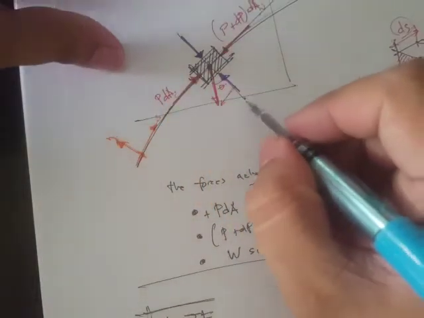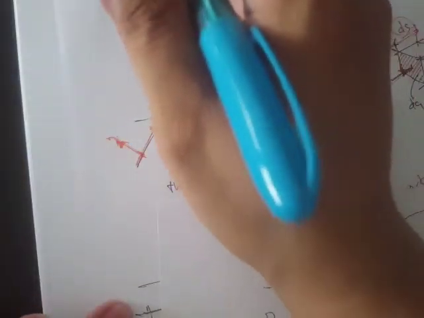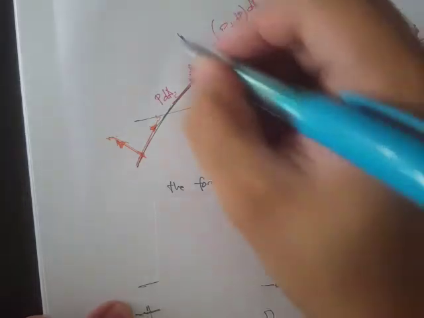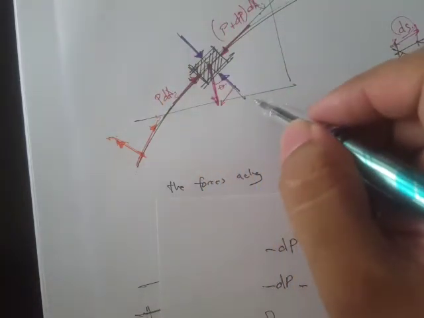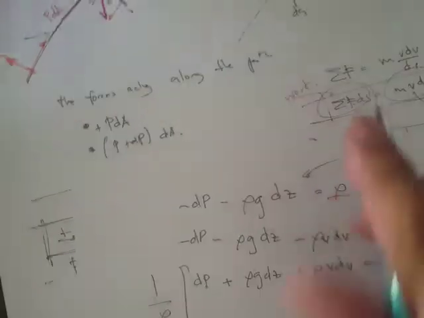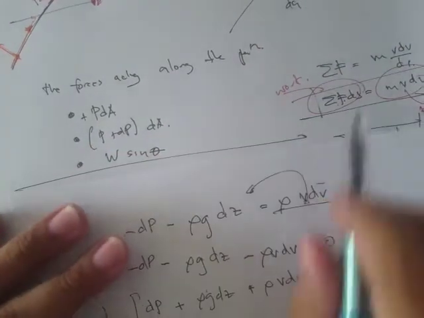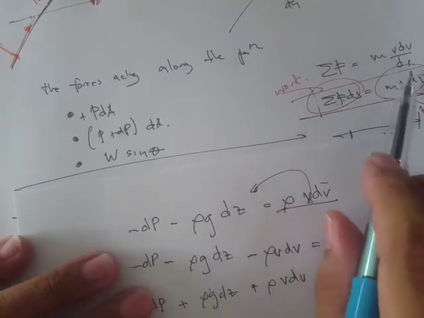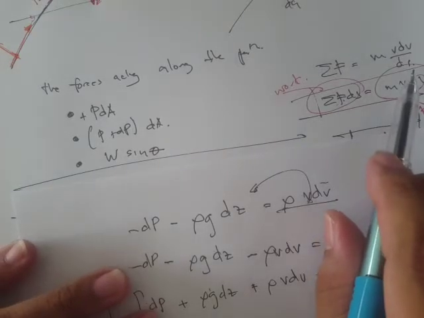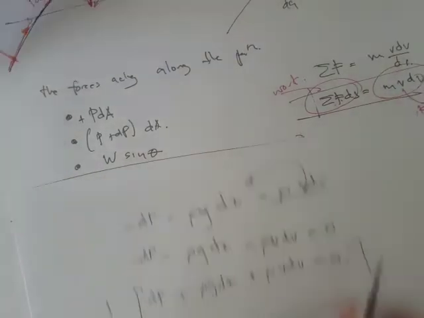And don't forget that we can also derive another expression, if we want to. We'll just have to apply the summation of forces along the normal direction, and then for the acceleration, you have to substitute the value of acceleration that's along the normal axis.